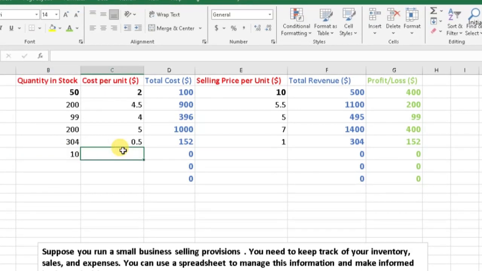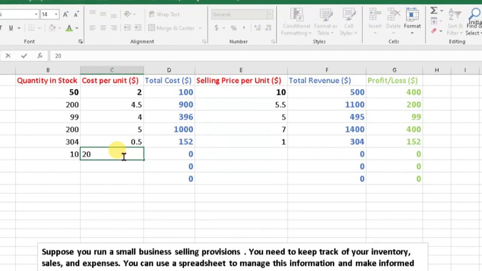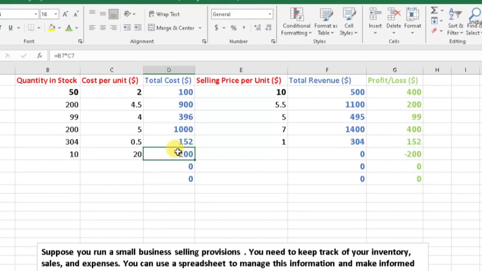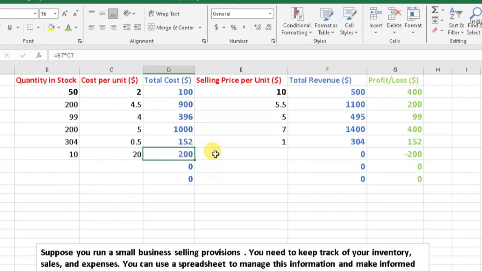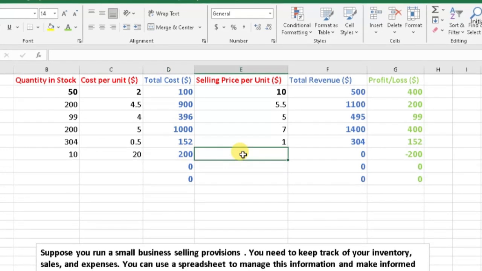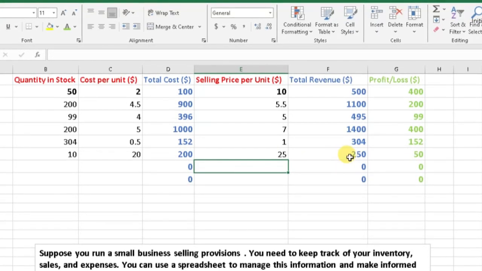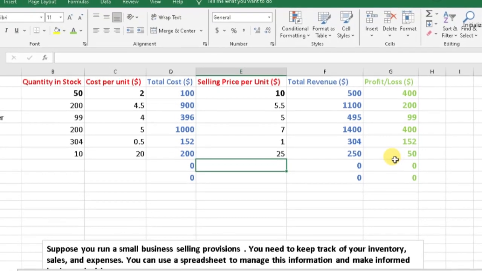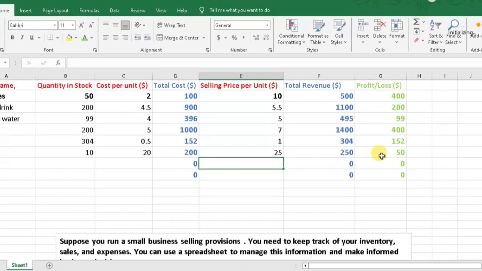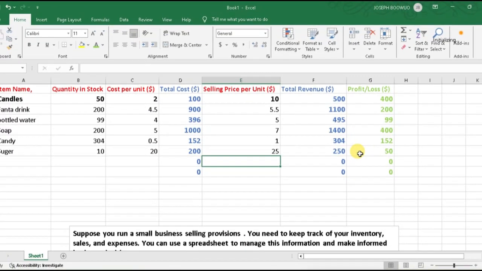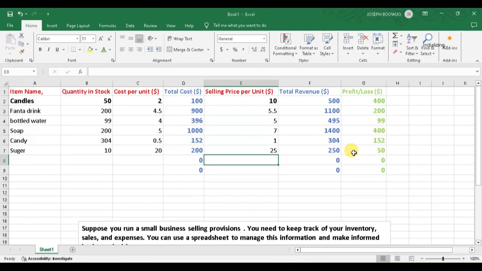Each bowl costs $20. So it's going to totally give me the cost. I'm not going to input again. And now the selling price, I sold it for $25. I press enter. It's going to quickly give you the total revenue and the profit or loss. You are not going to enter it again. So this is how Excel can be used to apply in your real life situation in solving your budget problems.